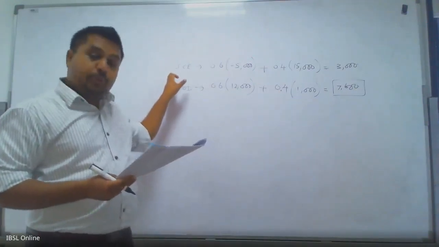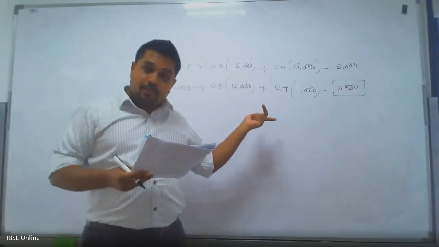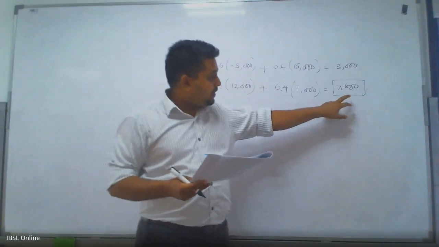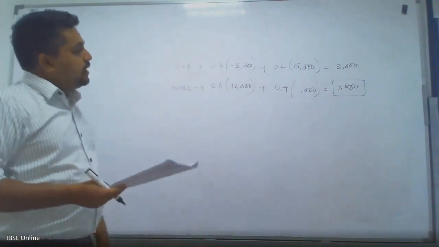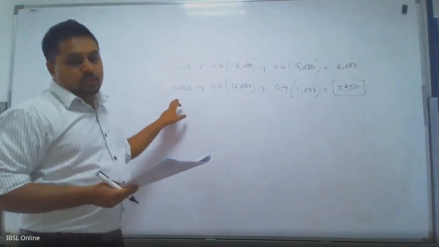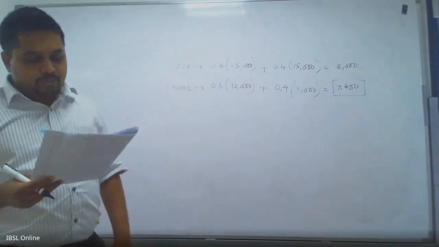And what do we need to do from a company's point of view? Do we want to make a lesser profit or a higher profit? Obviously, a higher profit. So that's why we have selected the maximum profit outcome of 7,600 coming from the noodles van. So that's the brief explanation that we have to give for this question.